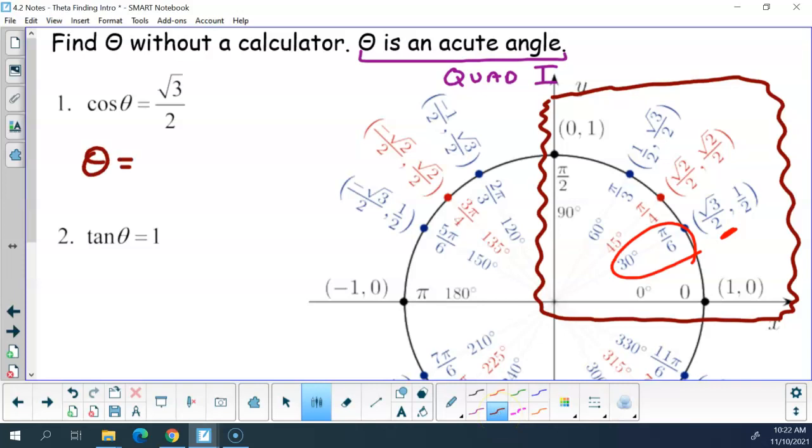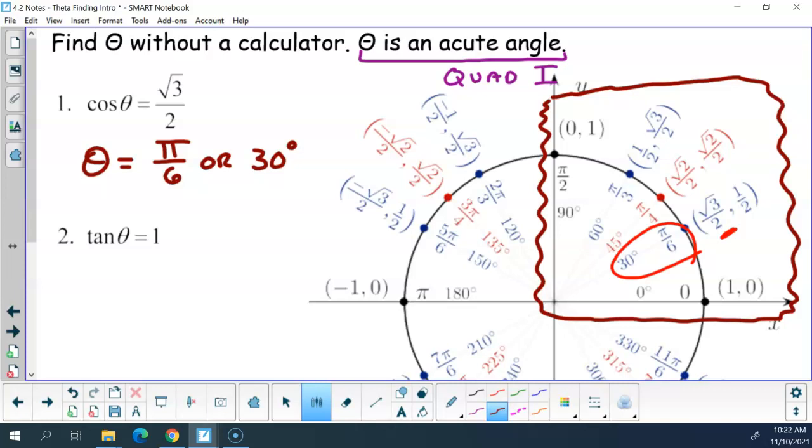Now, I was just about to talk about that. We prefer the radian measure, unless there's another direction that says give your answer in degrees, or the range of your answer is between 180 and 360 degrees or something like that.